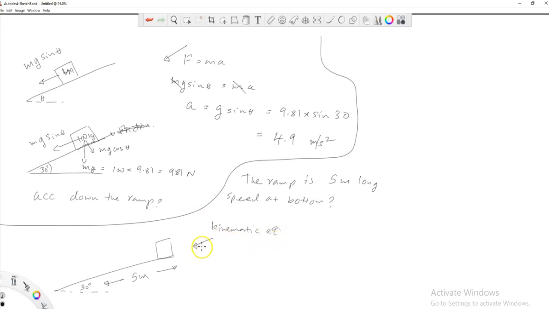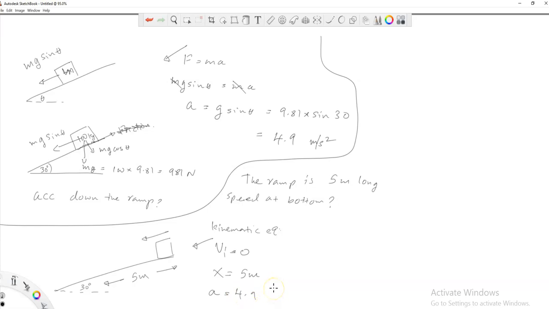It's not a free fall, not horizontal, not going up, it's going with the ramp, right? Parallel to the ramp. So the kinematic equation should be parallel to the ramp. We start with V initial equals 0. Now everything's parallel, so all these numbers we're plugging in here should be parallel to the ramp. So parallel to the ramp it's going 5 meters. Acceleration, that also should be parallel to the ramp, 4.9.